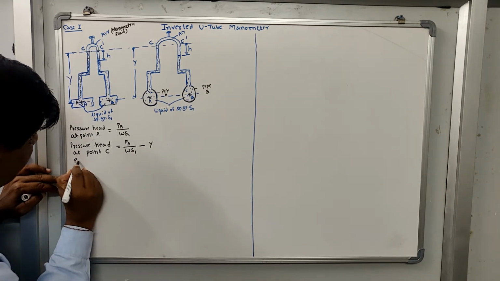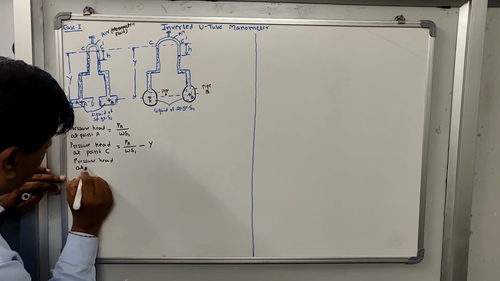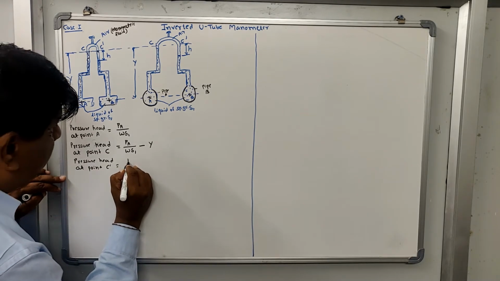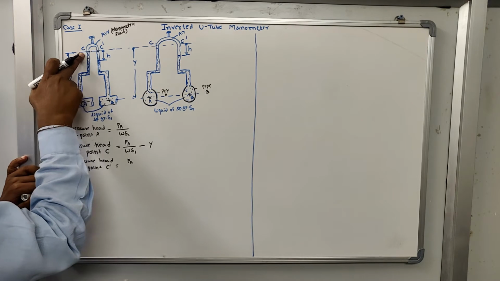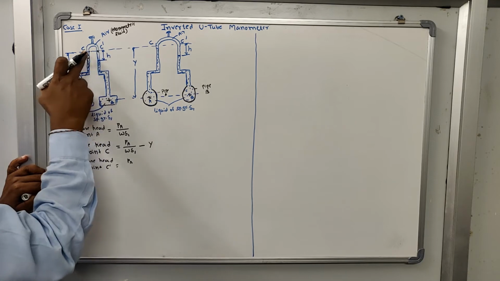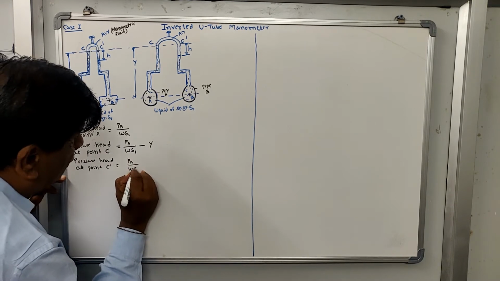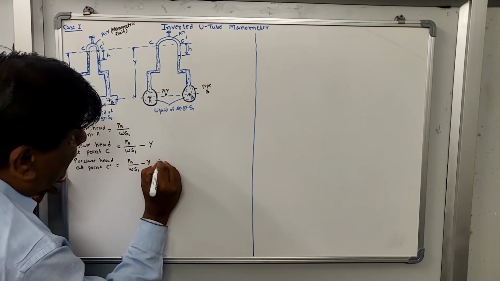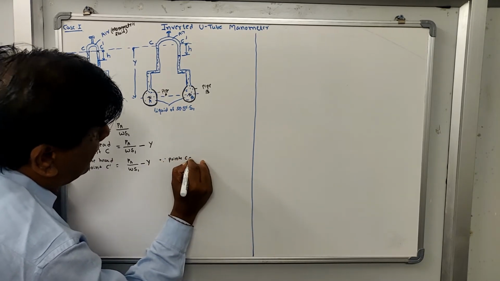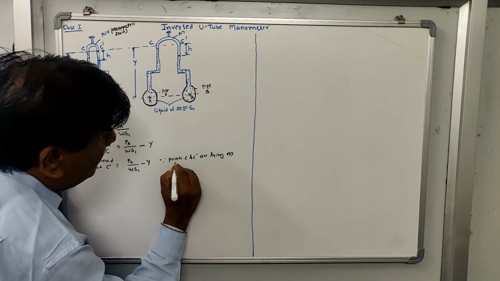So the pressure head at point C dash is equal to the pressure head at point C, which is PA by W S1 minus y, because points C and C dash are lying on the same horizontal line.